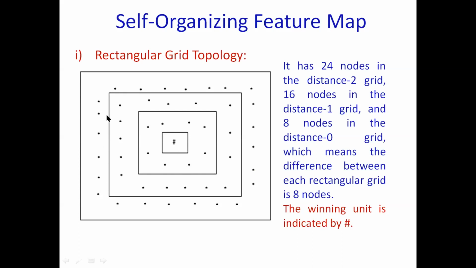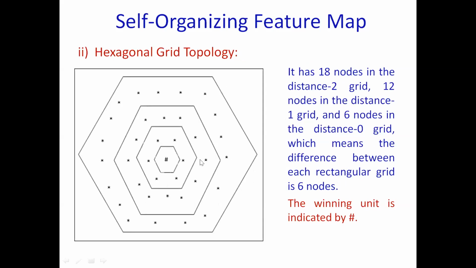This is the distance 2 grid because we have two different grids if we want to reach from here to here. So in every manner, the difference between each rectangular grid is 8 nodes. And obviously the winning unit is this one. So this is what we call rectangular grid topology.